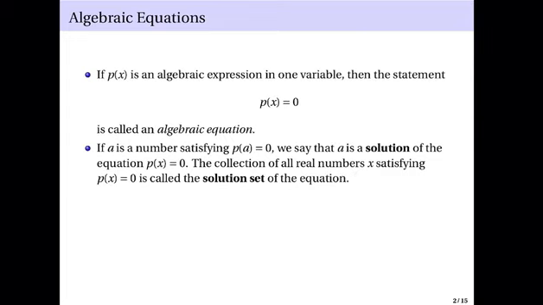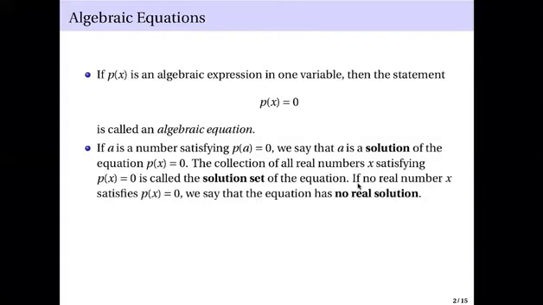Okay? Now, if no real number x satisfies p of x equals 0, meaning we cannot find any real number satisfying the equation, we say that the equation has no real solution. Okay?